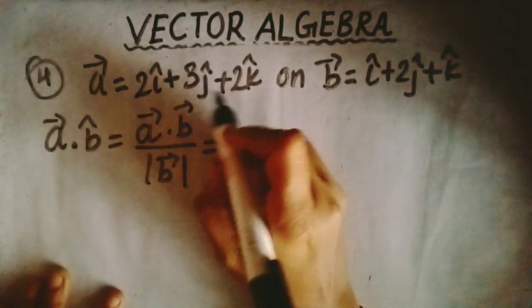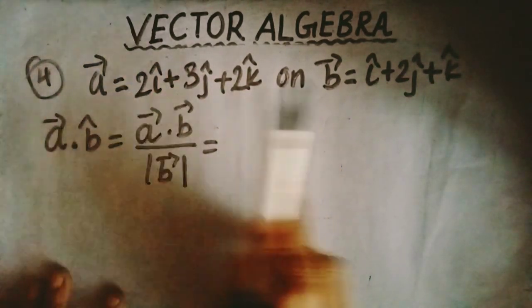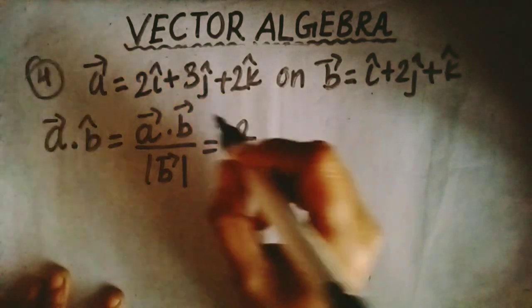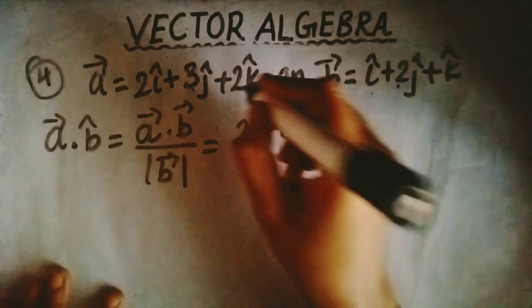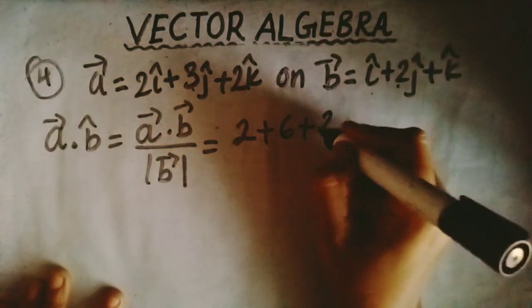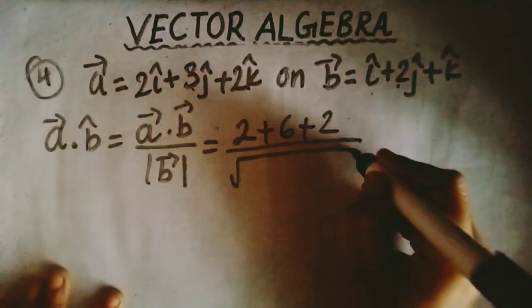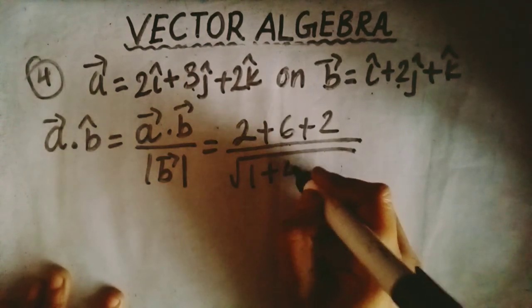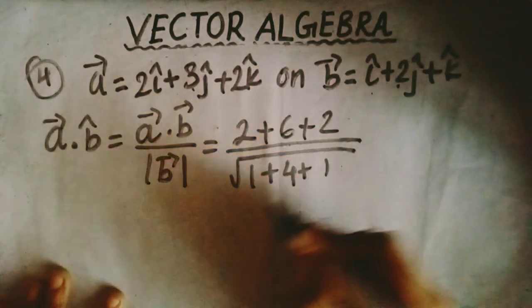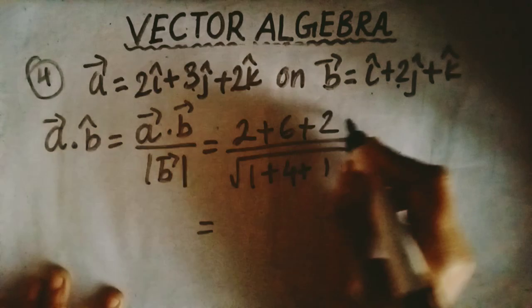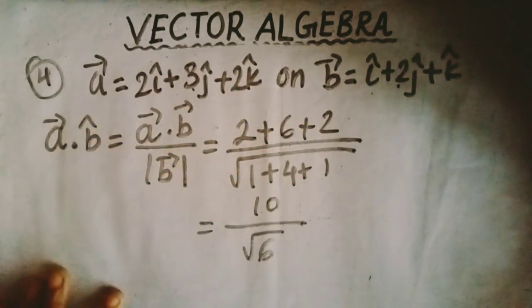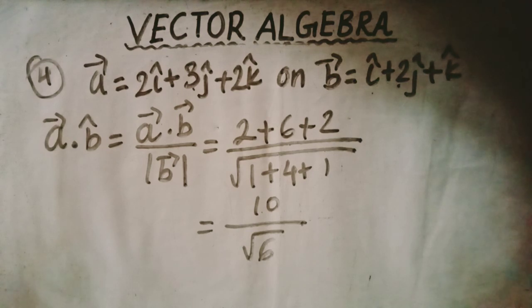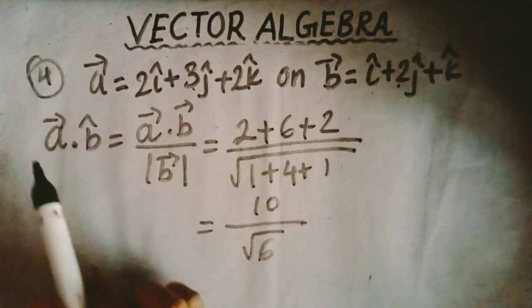So A dot B I'll write directly: 2 into 1, 2, 3 into 2, 6, 2 into 1, 2, upon magnitude of B, 1 plus 4 plus 1. So this is 10 upon root of 6. Okay, so this is your projection of A on B.